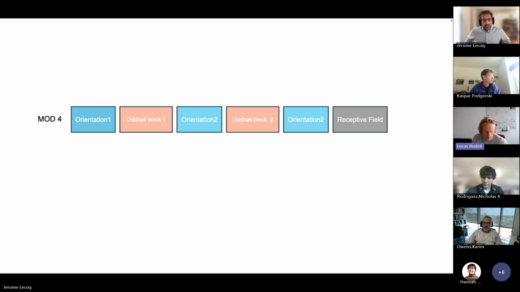Exactly. No, it addresses the other problem of the intermixture of contextual modulation and long-term changes, because we have both effects occurring. And I would just like to see how strongly we see a change in oddball responses between first and second half to see how strong that effect is, essentially.